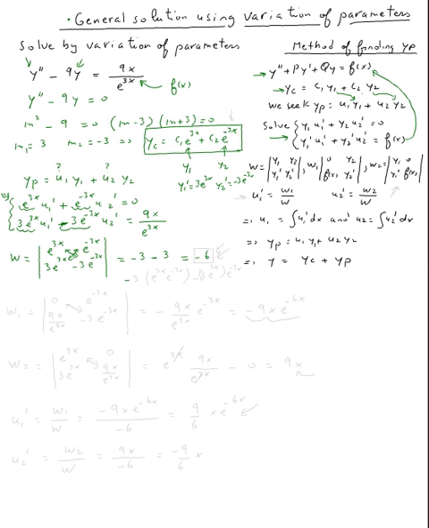If you don't see it, let me write it: minus 3 e to the 3x e to the negative 3x, minus 3 e to the 3x times e to the negative 3x, which is negative 6. Now for W1, we replace the left side by 0, f of x, which is 9x over e to the 3x, and the right side we keep the same way.